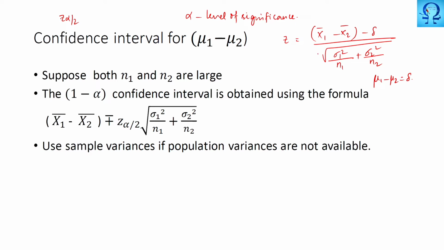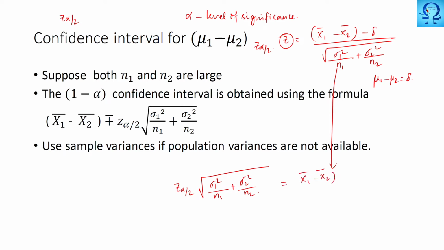From here, if you try to keep only delta on one side and take everything else to the other side, instead of z you will have z alpha upon 2. So z alpha upon 2 multiplied with the square root of sigma 1 square upon n1 plus sigma 2 square upon n2 is equal to x1 bar minus x2 bar minus delta.